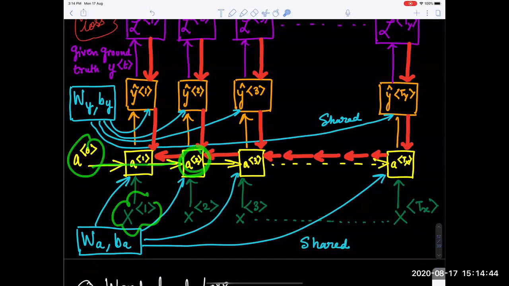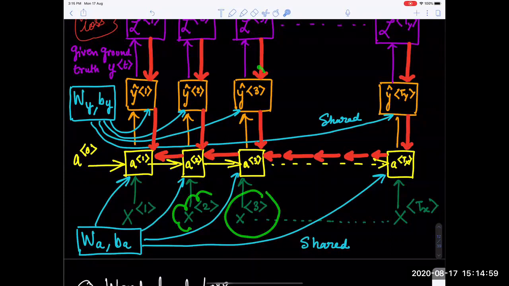Given this state, and the next state, you generate the output. Suppose you wanted to generate y3: you take x3 and your previous state, both of these are used to give you the current state A3 of the network, and then you generate the output.